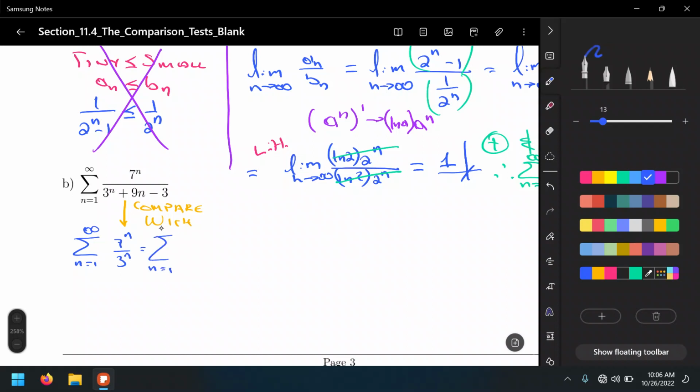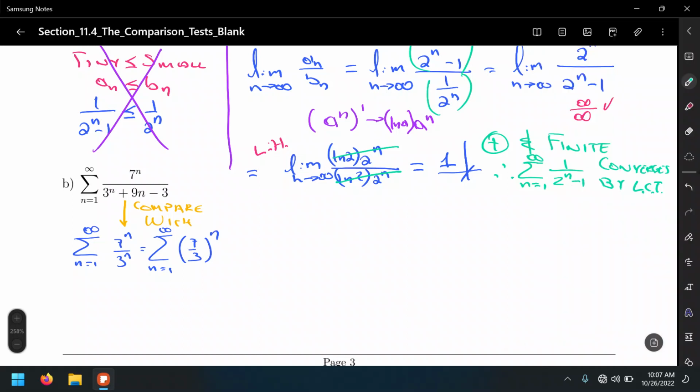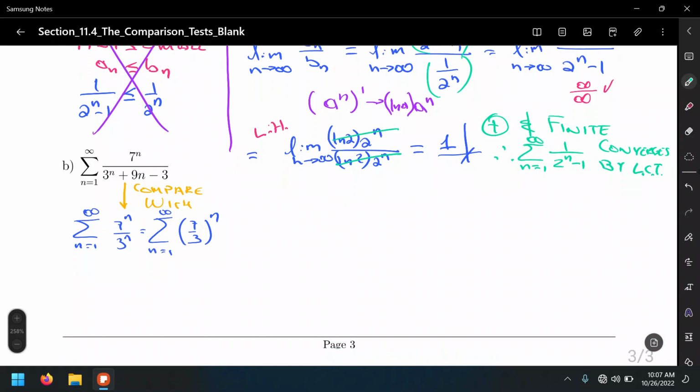which at the same time is the sum from n equals 1 to infinity of (7/3) to the n power. And we need to describe this simpler series. In this case, this looks like a r to the n, where a is the invisible 1, r is 7/3, and the power is n.